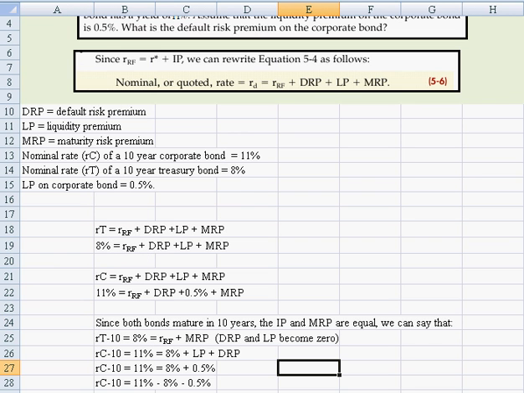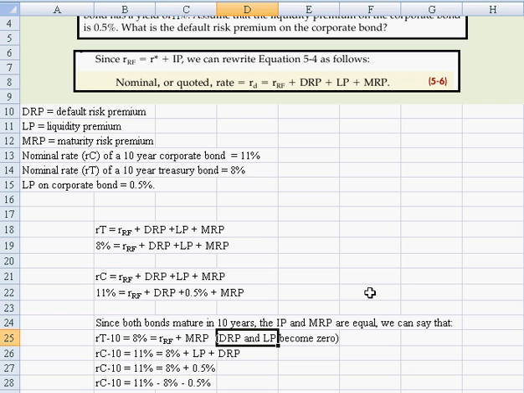I think the only thing tricky on this one is to understand that the default risk premium and the liquidity premium can be set to 0 in this problem, since both bonds are set in the same time frame, so that since they're both set to 0, it can wipe out of the equation.